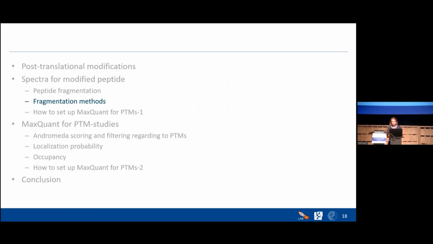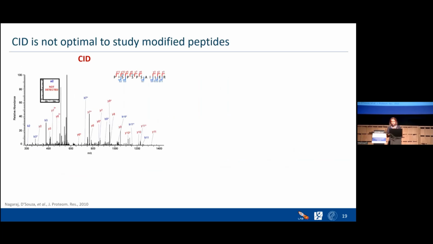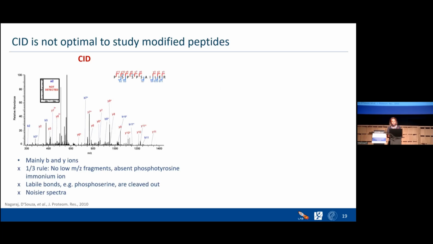Now let's go to what we need to know to study modified peptides. CID is used for studying peptides, but it's not ideal for modified peptides. Here we see a peptide with phosphorylation on the third and fifth residue, serine.